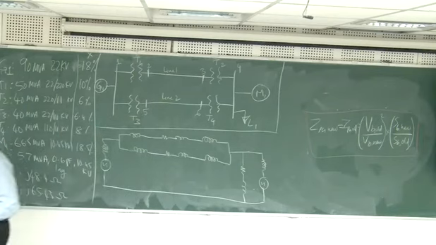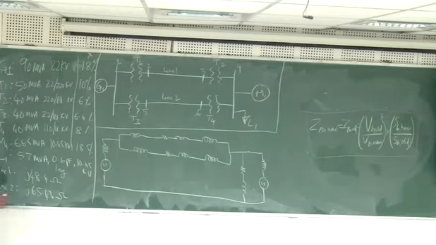Usually we choose 100 MVA as the base, and 90 is almost equal to 100, so it is fine. You can actually take 90 also, not a problem. But since in this question it is given: select a common base of 100 MVA and 22 kV on the generator side.